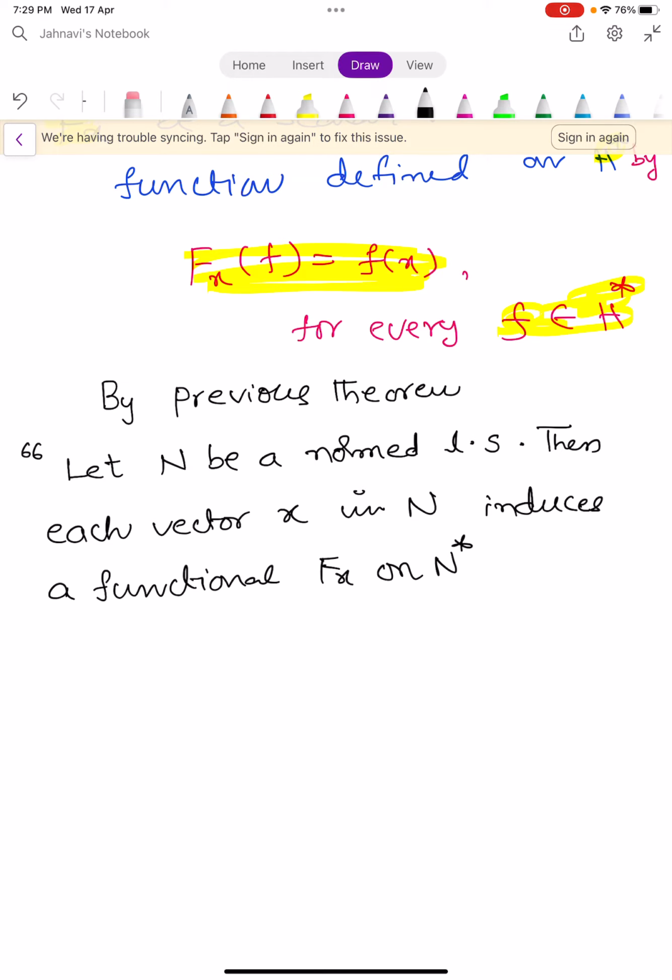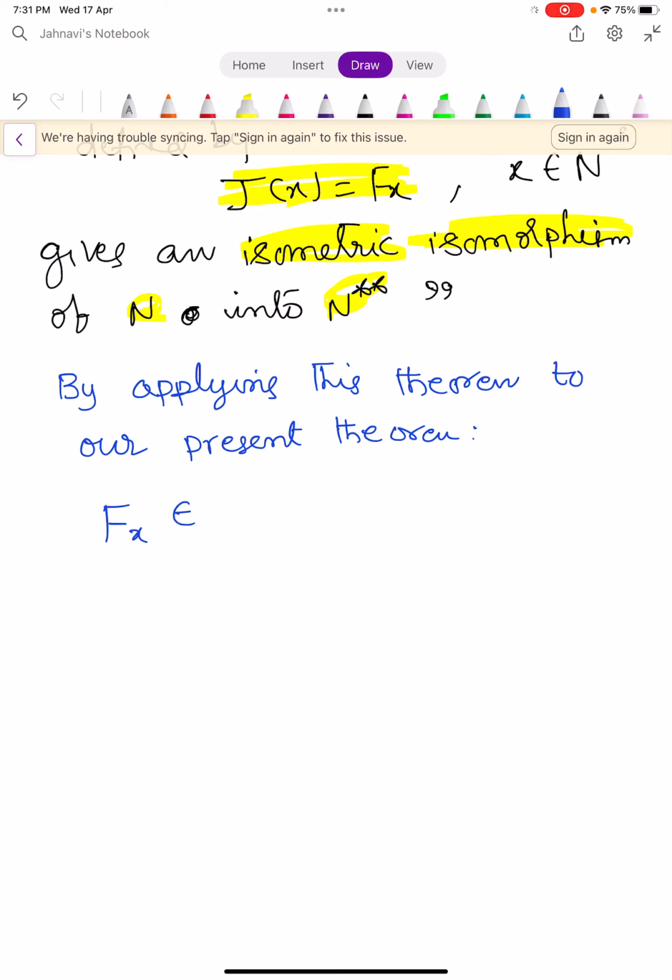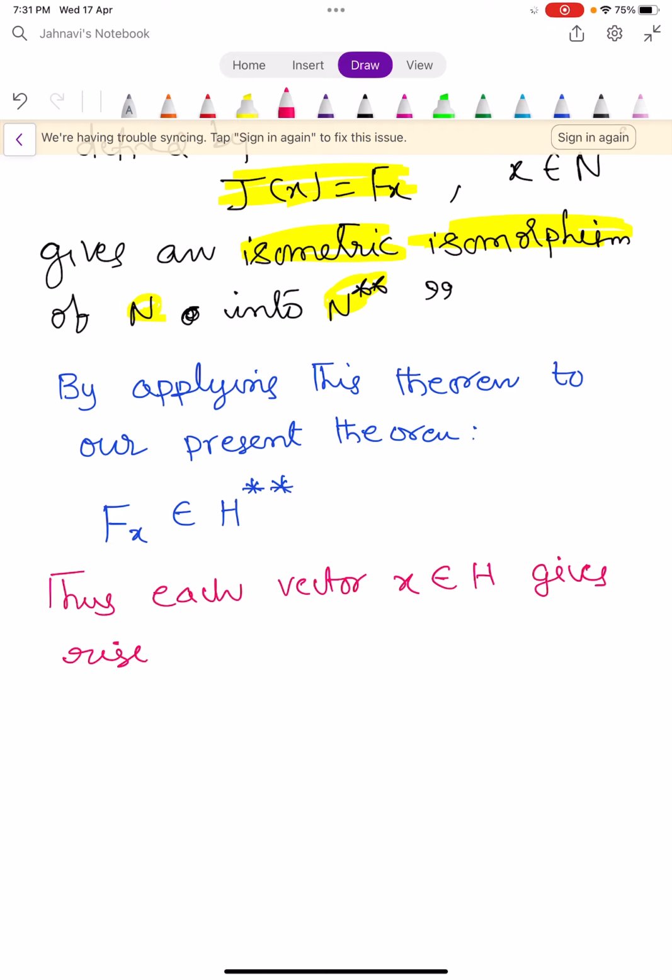So by applying this theorem to our present theorem, each vector x belonging to capital H gives rise to a functional Fx in H double star.